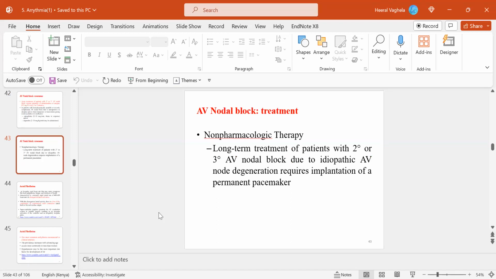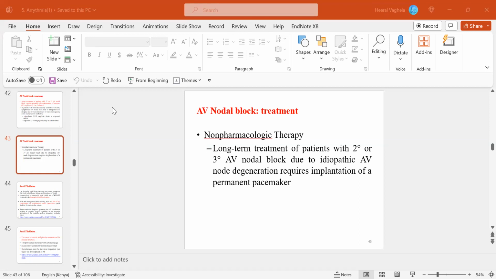Any questions? Any clarification, addition? No question, but when you say the ventricles contract alone and the atrium contracts alone, does that mean the impulses generated from the AV node, even in first degree block, won't be synchronized to the rest of the myocardium?